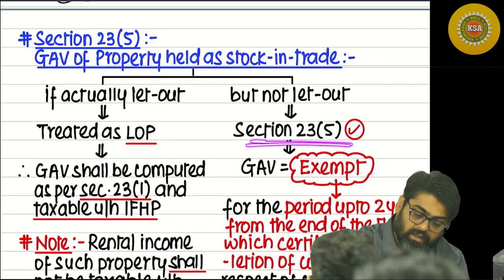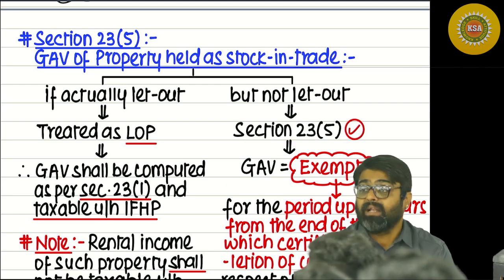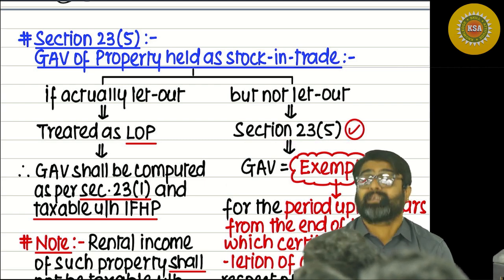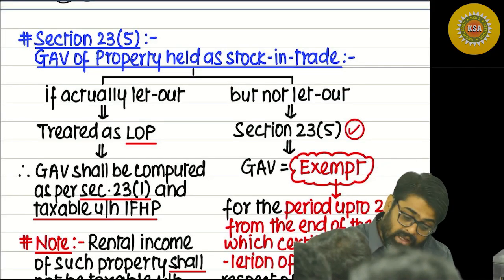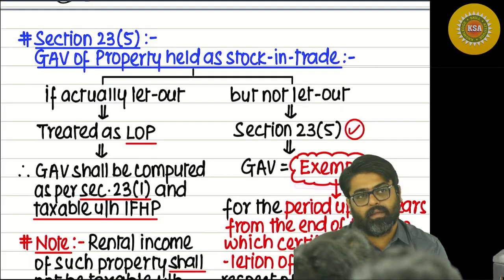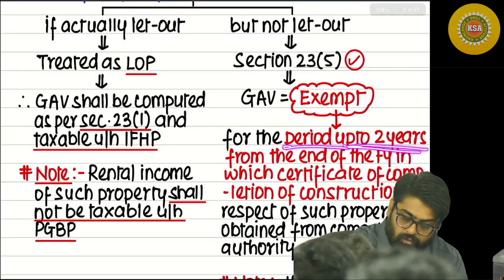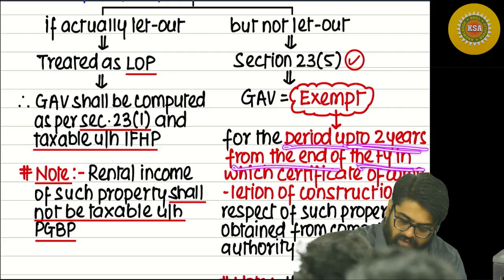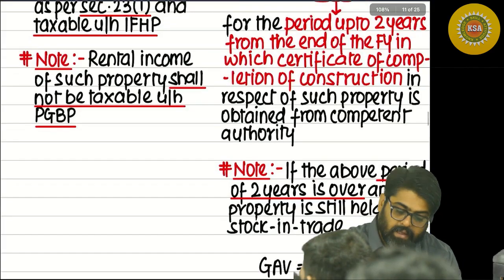23(5) says that the GAV, meaning the annual value, meaning the rent earning capacity, we will not tax you. We will exempt it for a period up to 2 years from the end of the financial year in which the certificate of completion of construction is issued.